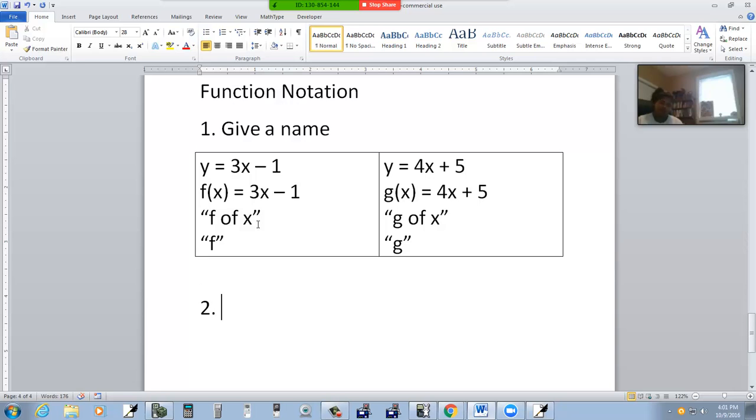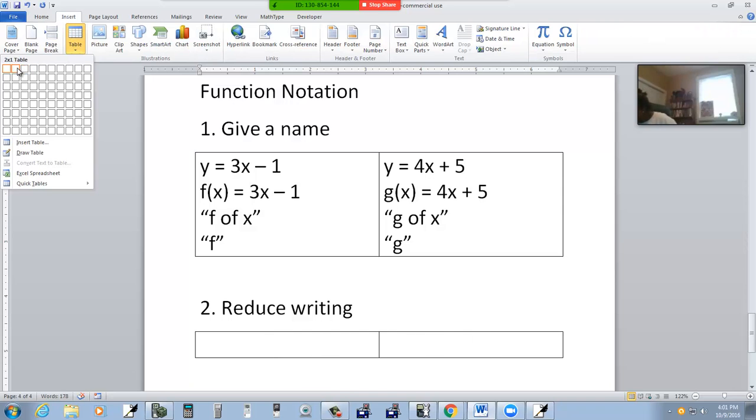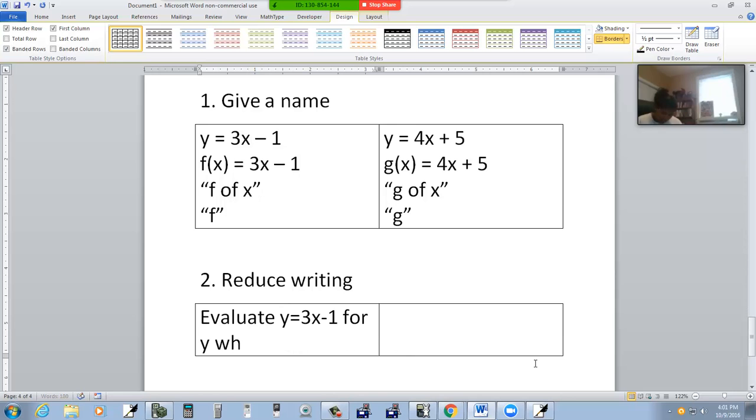Now, we have a second purpose for function notation, and that's to reduce writing. You had problems back in previous courses that said evaluate y is equal to 3x minus 1 when x is equal to 5.